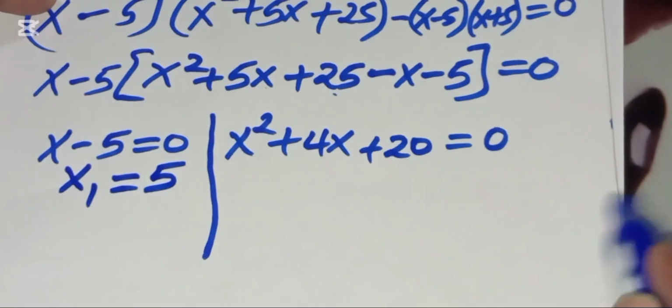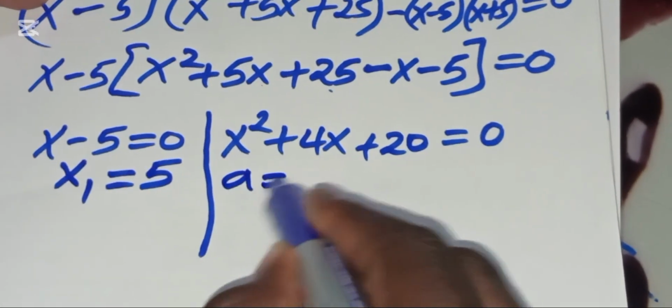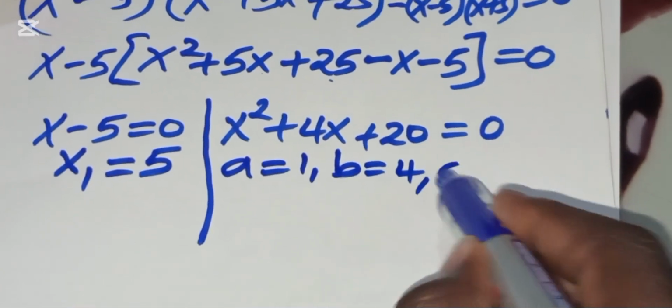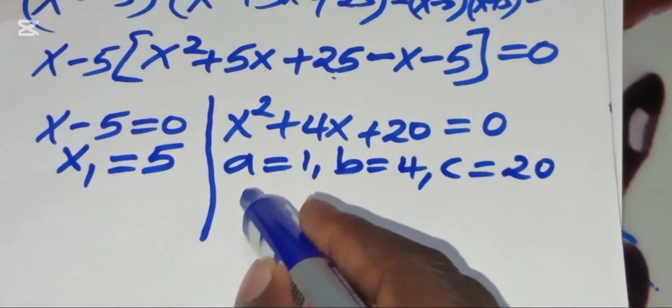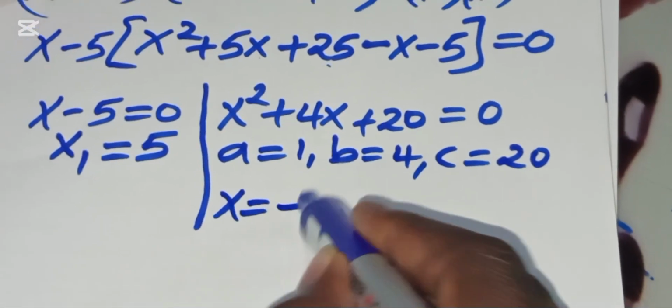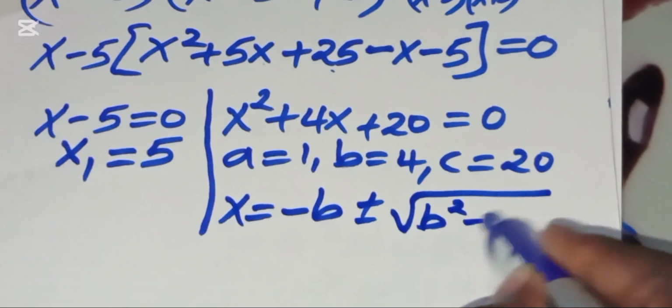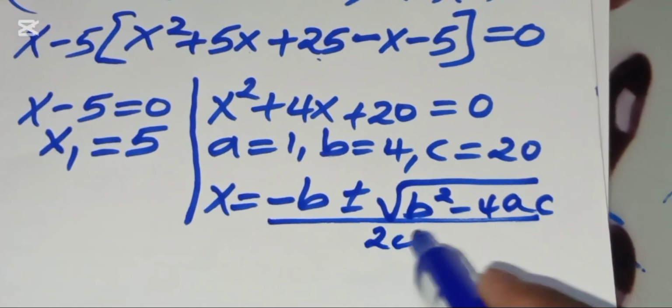Now let's solve for the other values of x. Now we have a quadratic equation with a equal to 1, b equal to 4, and c equal to 20, okay? So let's substitute these values into the quadratic formula, which is negative b plus or minus the square root of b squared minus 4ac, divided by 2a, okay?